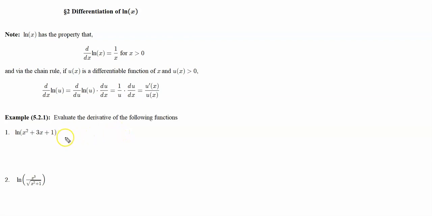Now let's consider these two examples here. So for the first example, we want to evaluate the derivative of the natural log of x squared plus 3x plus 1. So following the rule that we have right here, we're going to let u equal the x squared plus 3x plus 1 term, in which case the derivative of this function is going to be as follows.